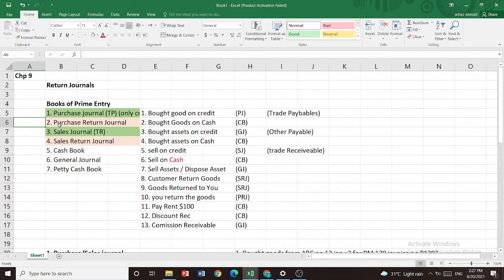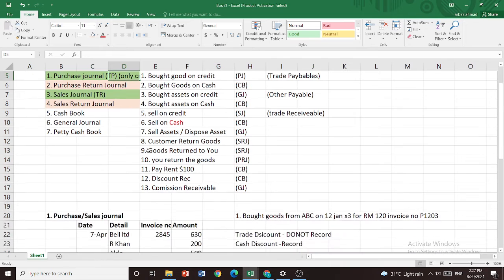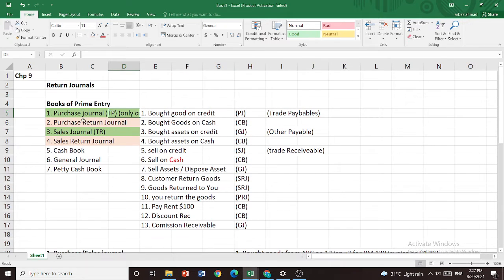Just like this one and this one, this also includes trade payables. So this one includes trade payable, this one includes trade receivables. Now what happens when it includes trade payable is that it's on the opposite side. If purchase is an expense, purchase return is not. It's the opposite of expense, which is income.